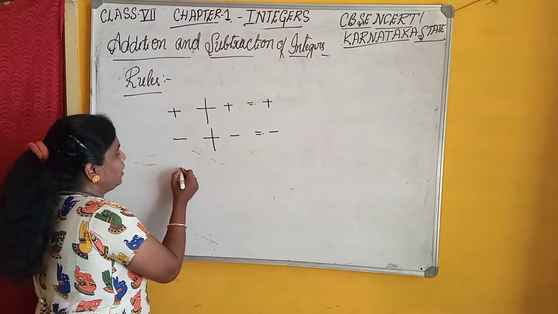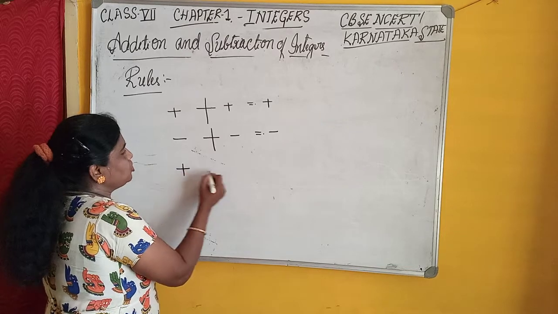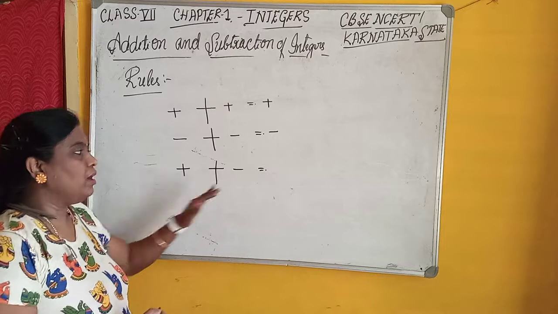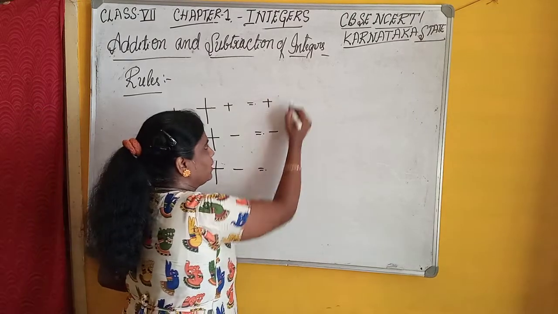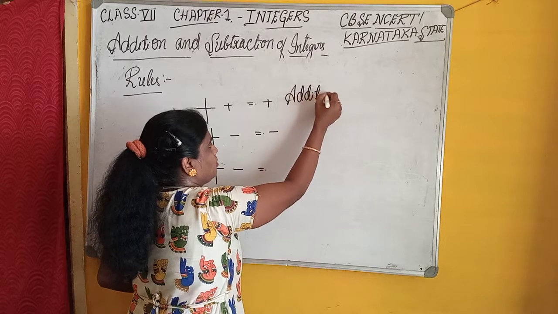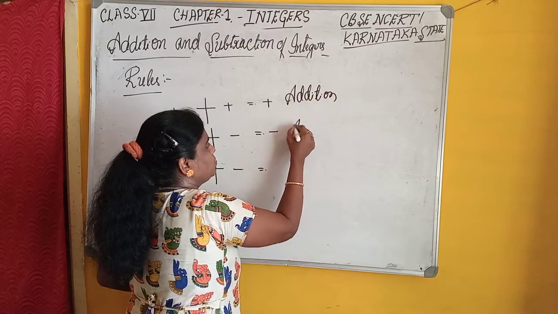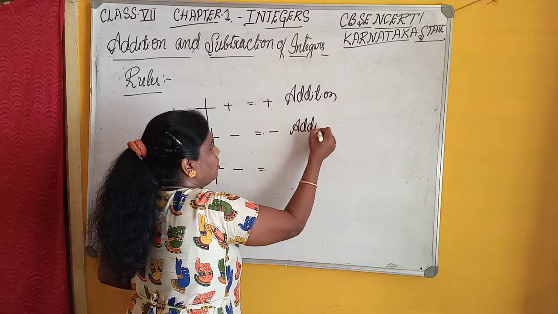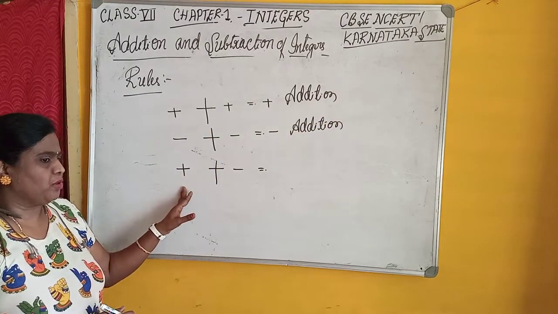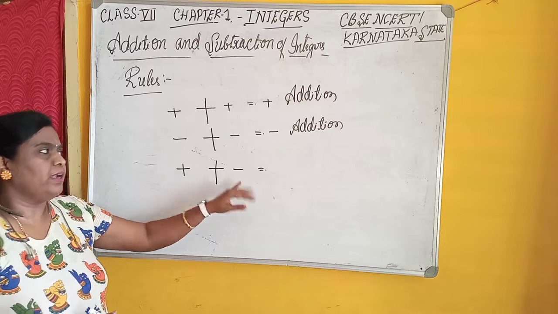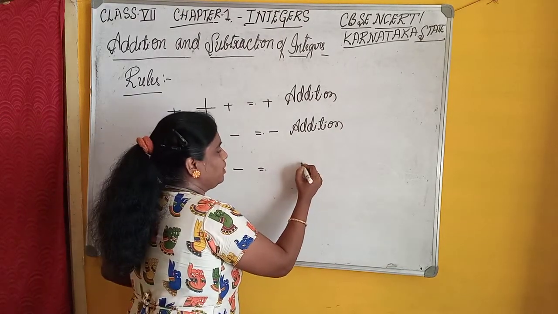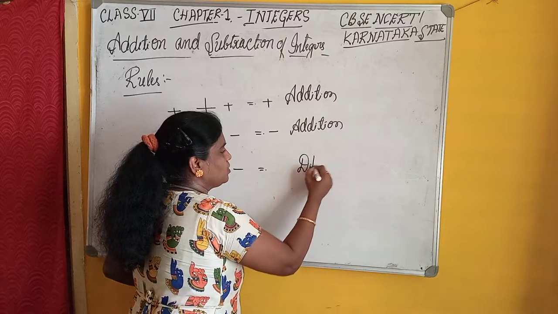And when we add a positive integer and a negative integer, we have to find the difference. Here also addition. When one digit is positive and another one is negative, in that situation we have to find the difference of the numbers.